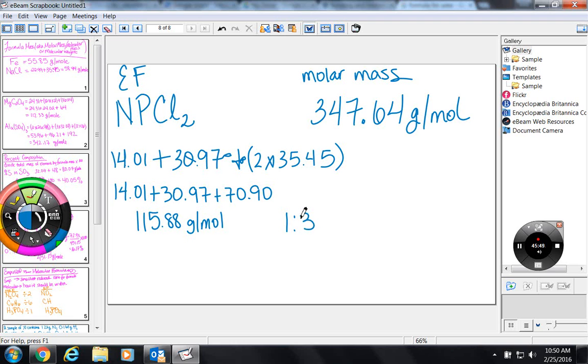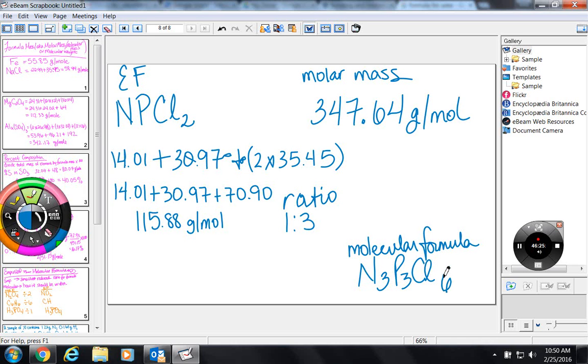So I take my empirical formula and I multiply it by 3. Wait a minute, you multiplied the 115. Both of us are right. I took this, divided by that, and I get a ratio of 1 to 3. I see how you got the 3, but how did you get the 1?